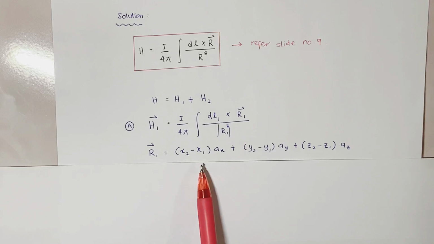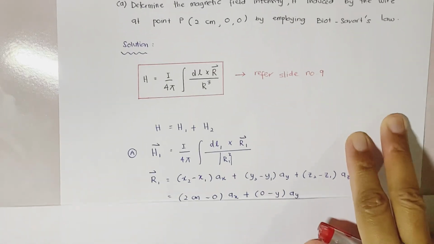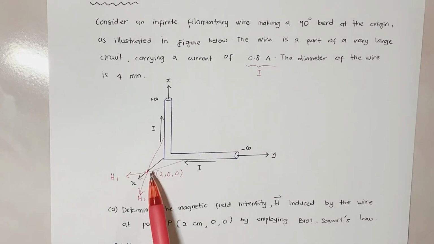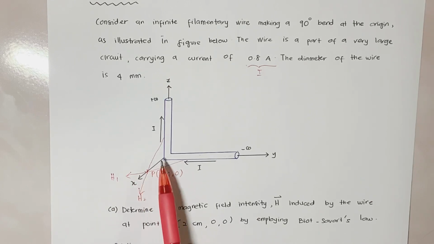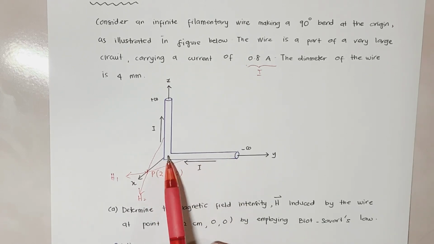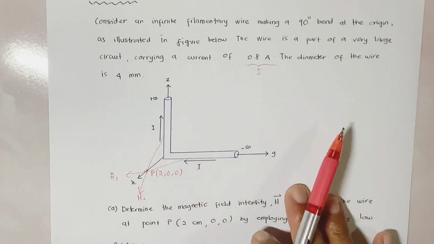So x2 minus x1: x2 is 2, because of this point, minus 0, because this part of the wire is located at x equal to 0. That's why 2 minus 0.